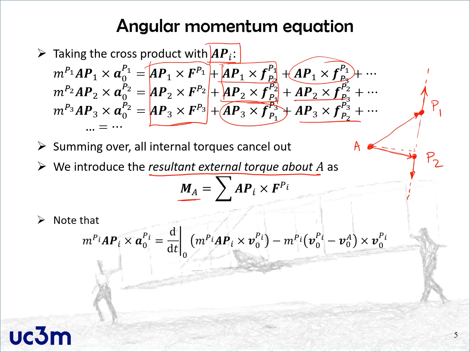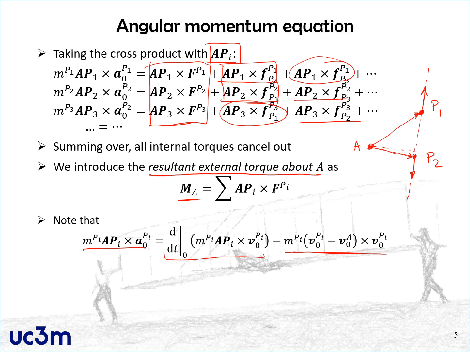Regarding the left-hand side, observe that we can rewrite each of these terms that we have here as this derivative. However, if you expand this derivative, then another term appears, so you have to subtract it, and that term is this one that you see on the right.